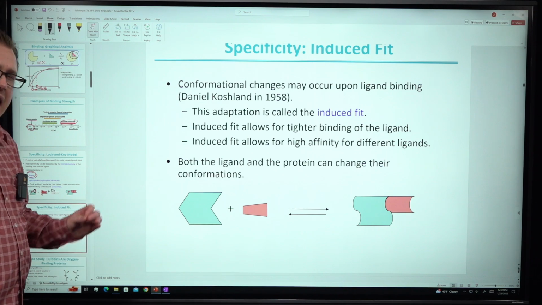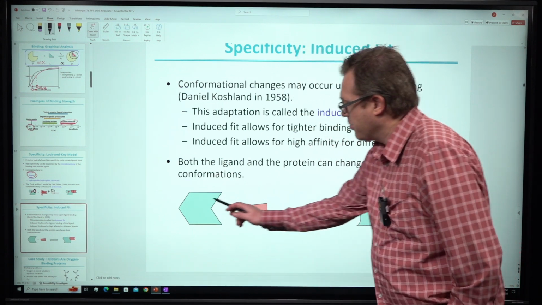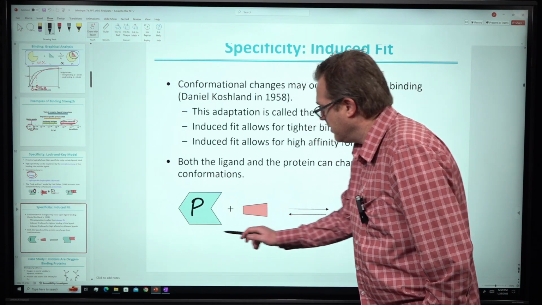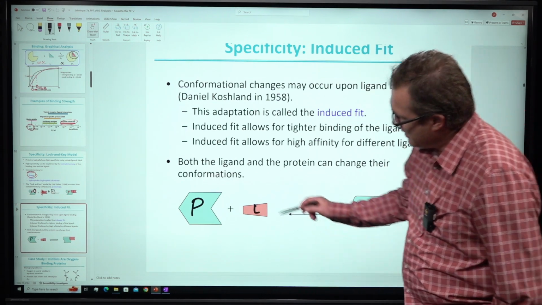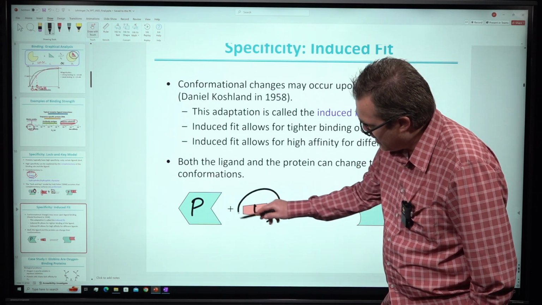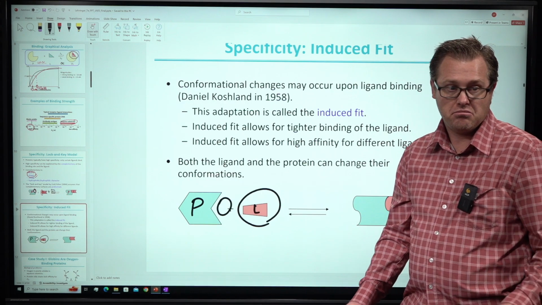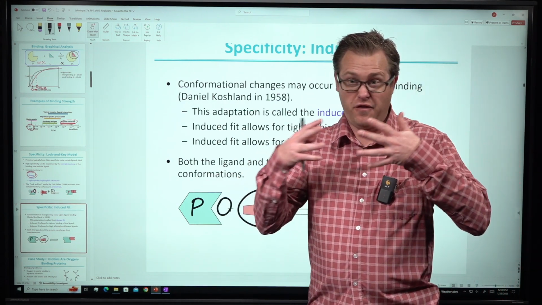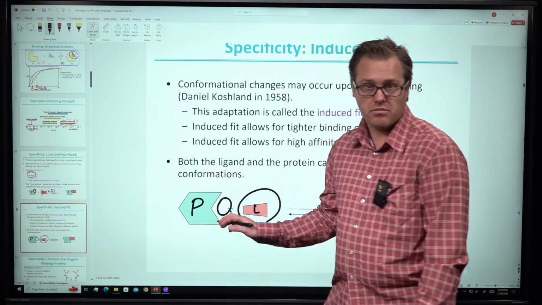And that happens to be because we have a protein and a ligand. And clearly this ligand can fit in that space.